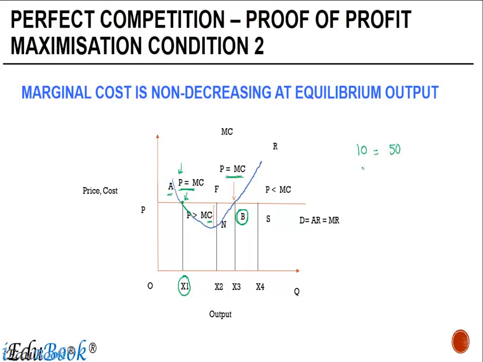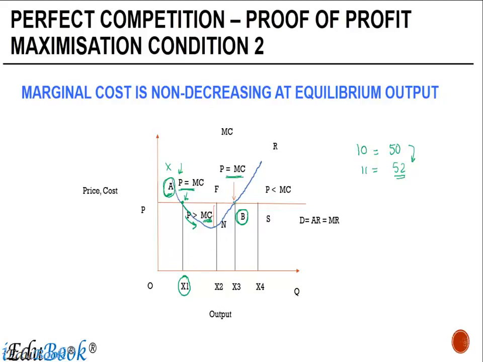If you make 11 units, you're making a profit of, let's say, 52. Why? Because for the incremental unit that you had produced from this point until here, the marginal cost is lower than the price, so your profits will keep on increasing. Therefore we are not going to consider point A for the purpose of our analysis.